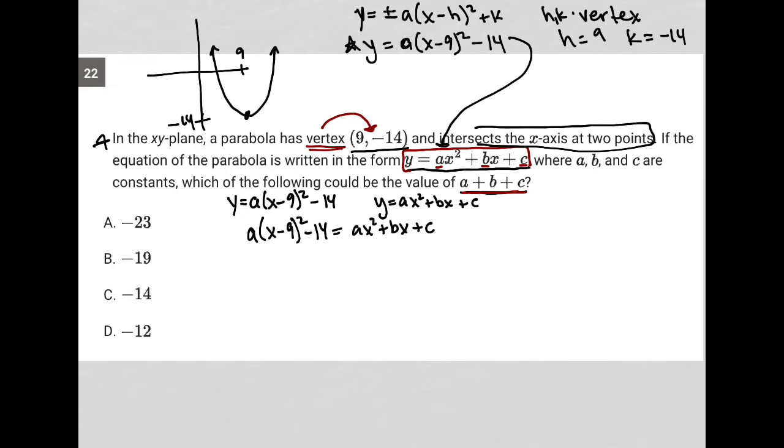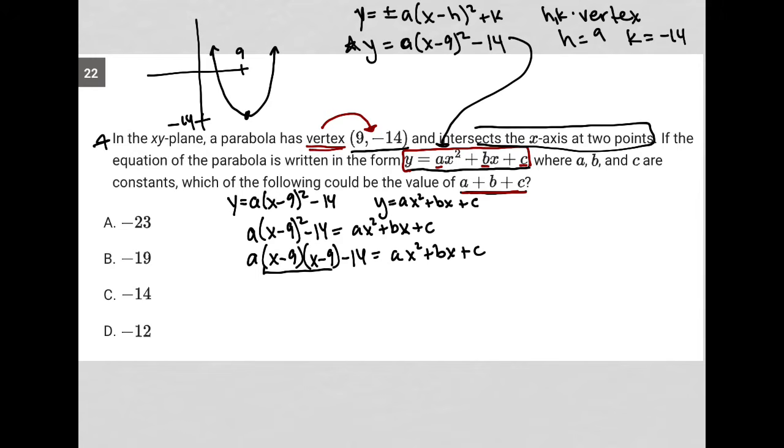They're both equal to y, so I can set them equal to each other. I just have to now expand the left-hand side of this, so this becomes a(x minus 9)(x minus 9) minus 14. All of this will remain the same.